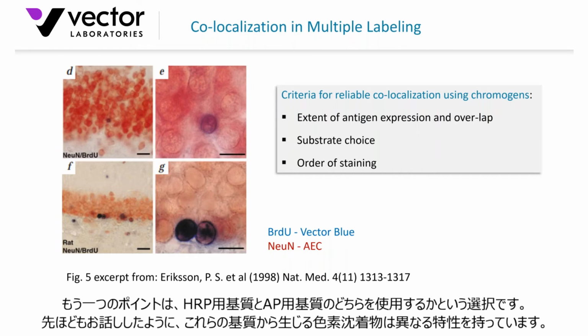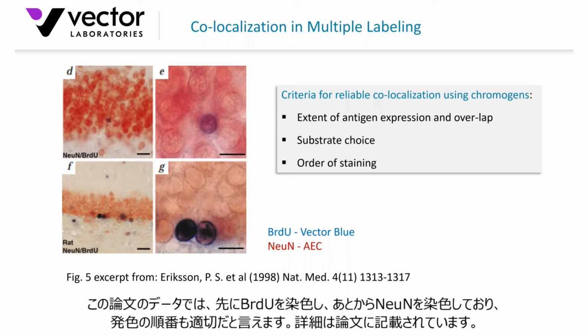The other point would be substrate choice. There are two choices here. One's peroxidase, one alkaline phosphatase. They do have different physical characteristics, kinetics. They precipitate out in a different way, and it's referred to as the substantivity of it. I referred to that a little earlier on about some of the precipitating characteristics of peroxidase versus alkaline phosphatase.